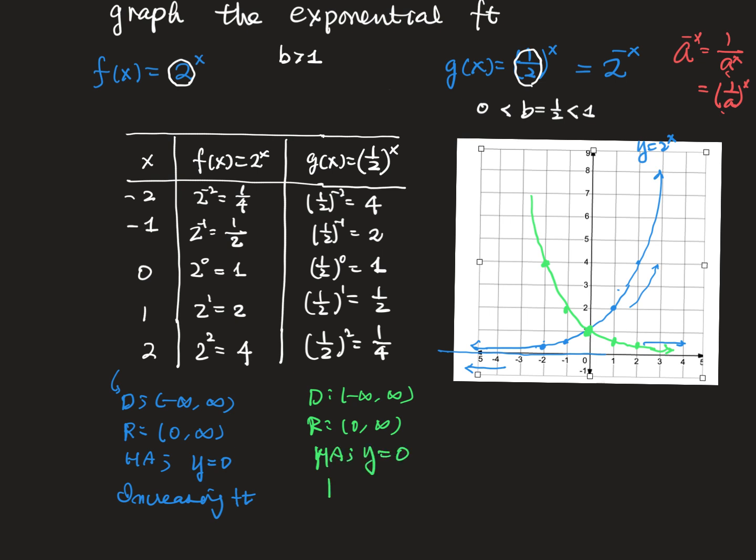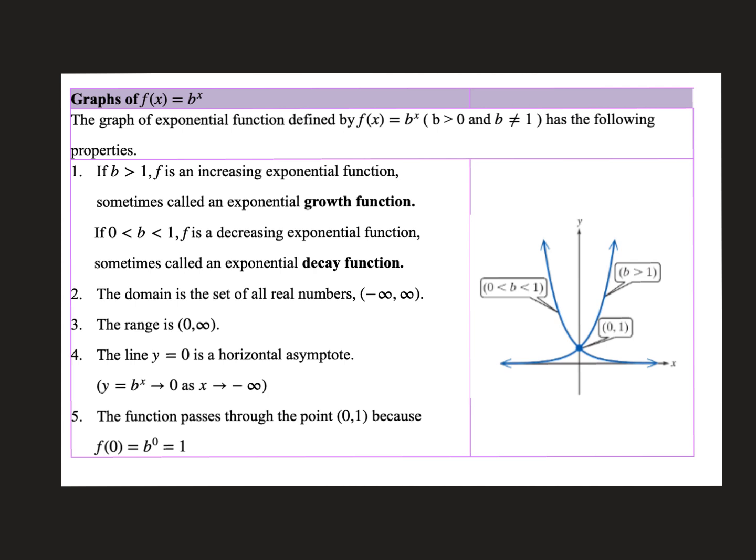What is different? This is a decreasing function. Do you understand that a base greater than 1 gives an increasing function, and a base between 0 and 1 gives a decreasing function? What relation is there between the two functions? This one is a reflection over the y-axis. That's a really important relation between the two functions. Now all the characteristics of exponential functions, I summarize them. b to the x: the base is b. It depends on the b value. b is greater than 1, or b is between 0 and 1.